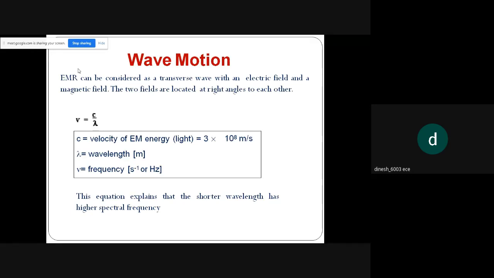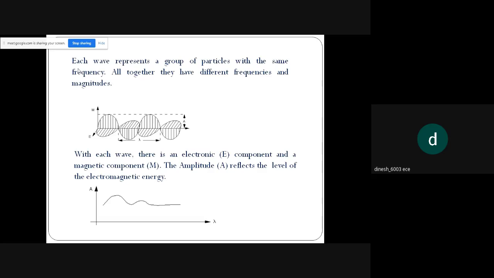So we get the equation that the shorter wavelength has higher spectral frequency, obtained as V is equal to C by lambda, where V is the frequency, C is the velocity of electromagnetic energy, that is the speed of light, which is approximately 3 into 10 power 8 meters per second, and lambda is the wavelength being measured. Each electromagnetic wave represents a group of particles with the same frequency. Altogether, they have different frequencies and magnitudes also.